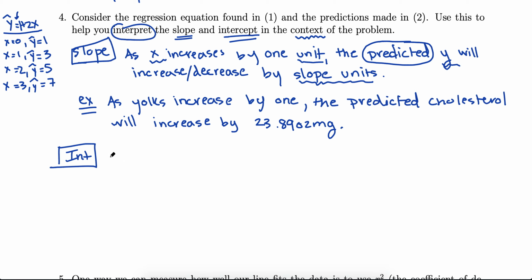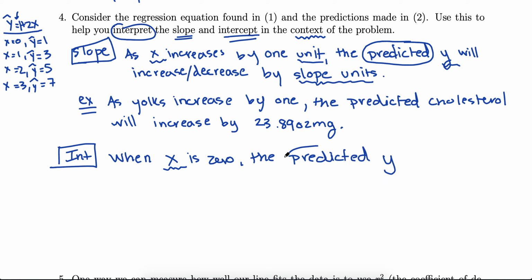So our interpretation here, we could say something like when x is 0, okay, so when I plug in 0 for x, the predicted y, again, important to have that word, is whatever that y-intercept is. Again, include the units for the particular problem.